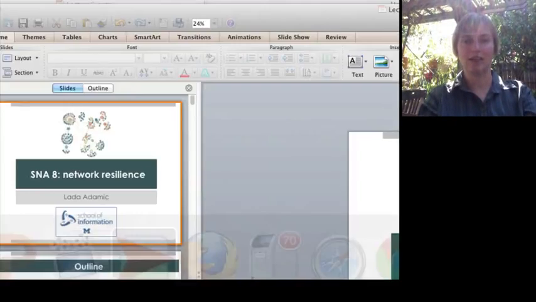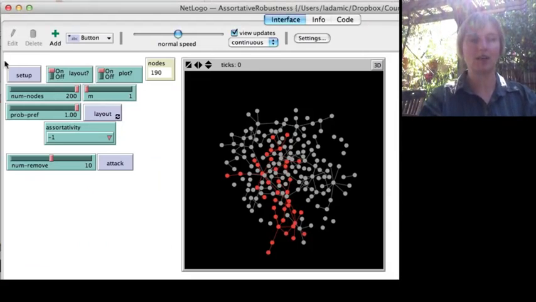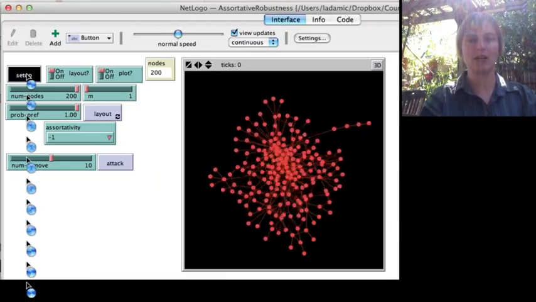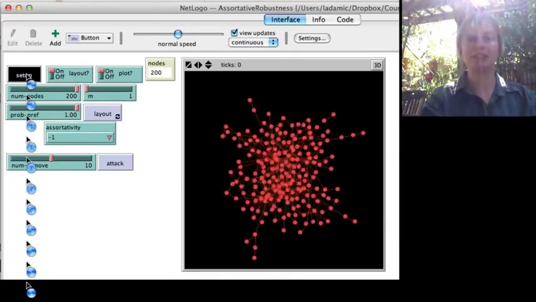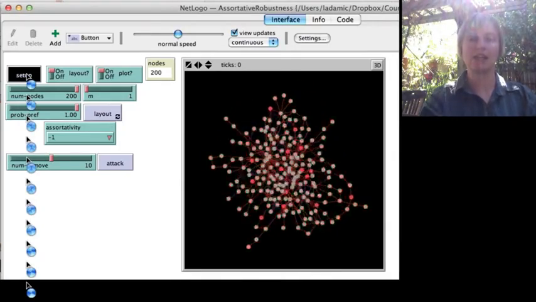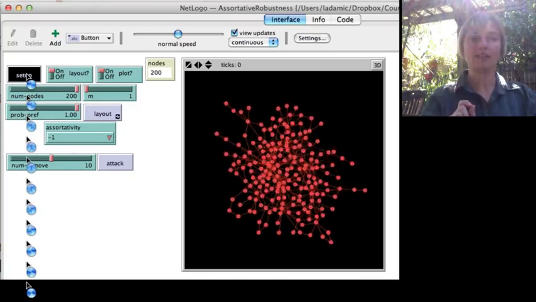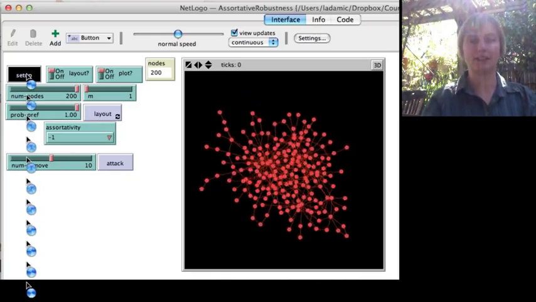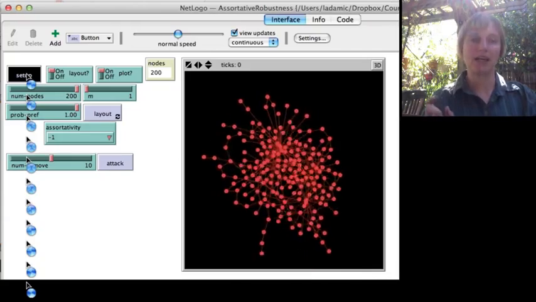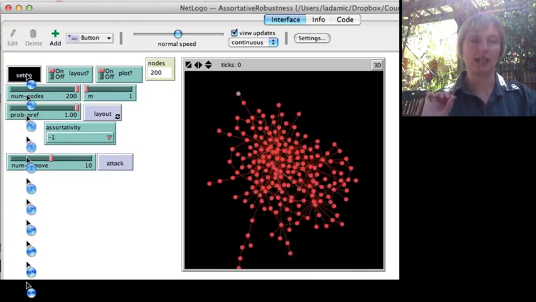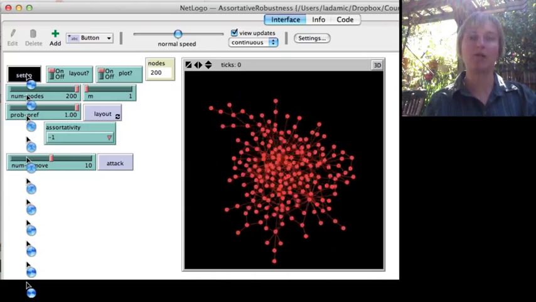And for this, let's go to NetLogo. What I'm going to do is set up a topology, and this network is going to be disassortative. That is, the high degree nodes are going to be connected to the low degree nodes. The way that I did this was by taking the originally grown network and then rewiring.